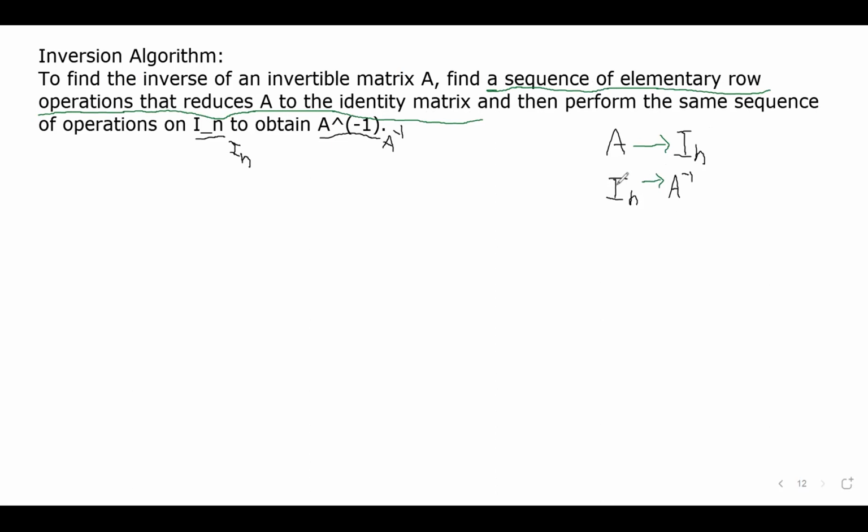Do that same sequence on I sub n, and it takes I sub n to A inverse. Okay, so now let's look at example 4.